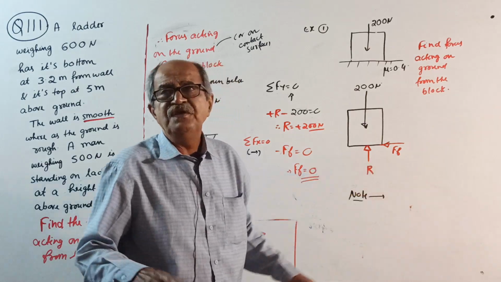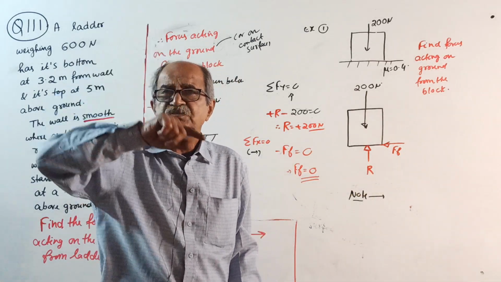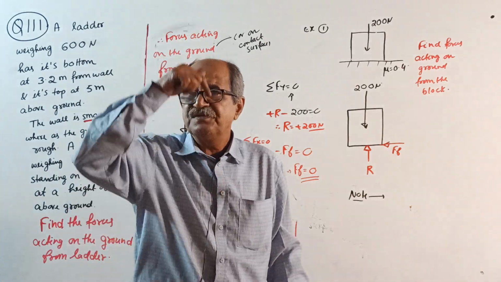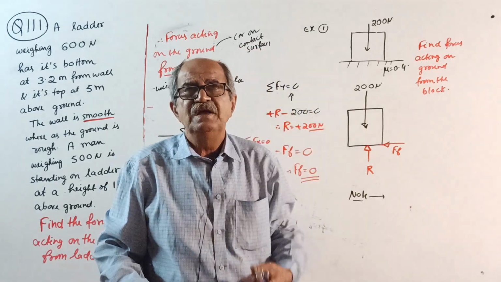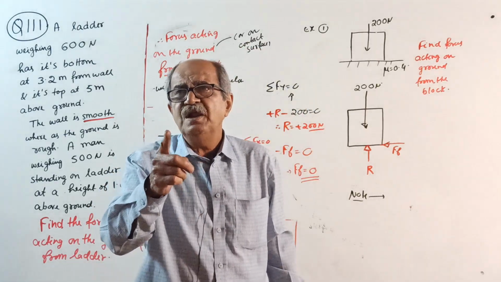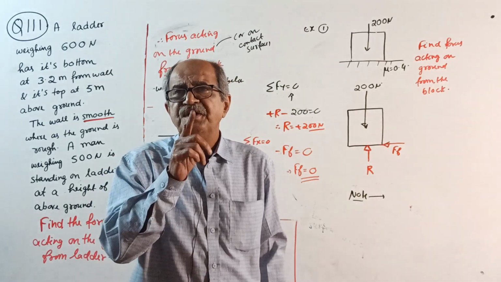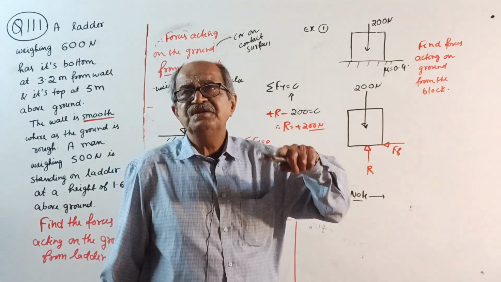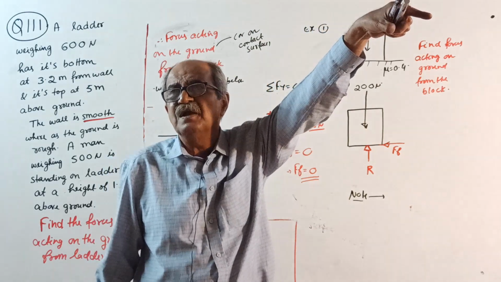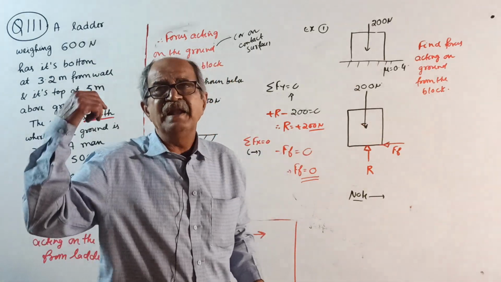This ground is the support. The force acting on the support from the supported member is equal in magnitude but opposite in direction to the reaction on the supported member, whether it is a supported block or ladder, something.